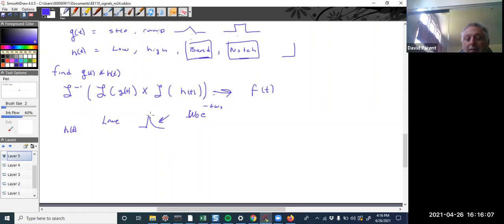It's a decaying exponential, because in the complex domain, we have omega naught divided by s plus omega naught. And notice this is plus, so this is minus, it's decaying. If this was minus, this would be plus, it'd be exponential increase.